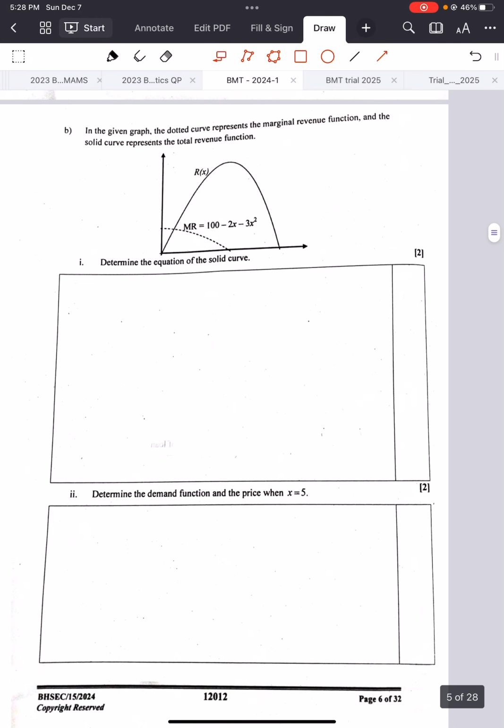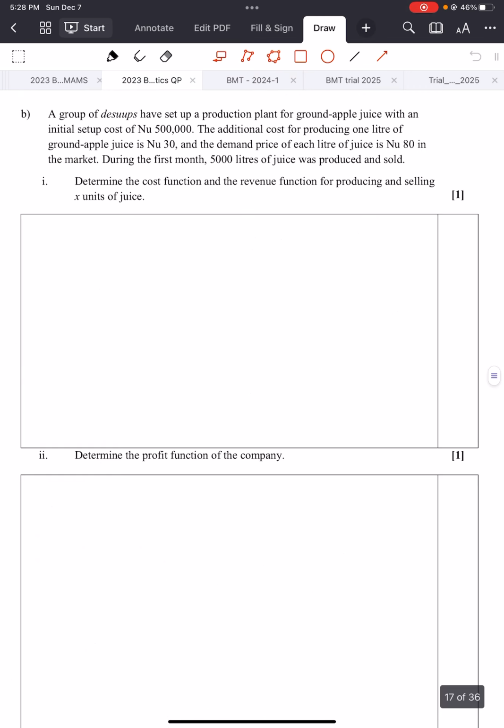Similarly, you have a question here. Again, it's the same kind of question. A group of students have set up a production plan for apple juice with a setup cost of 500,000. The additional cost for producing 1 liter of apple juice is 30.